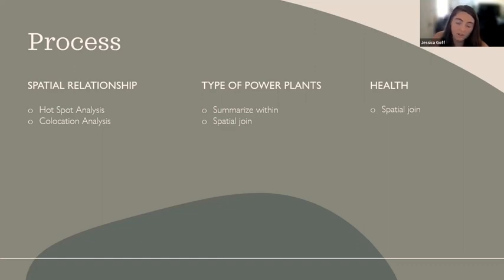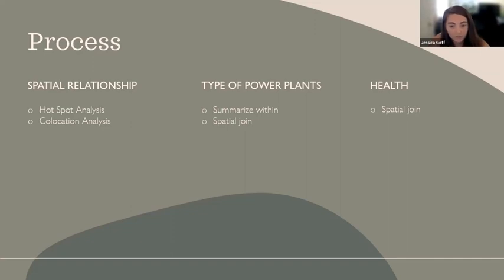I'm going to conduct a hotspot analysis to look at each feature within the context of the neighboring features, and a co-location analysis where we'll look at the local patterns of spatial association in ArcGIS Pro. Then, to understand the type of power plants, I will utilize the Summarize Within tool and the Spatial Join tool. And to understand the health, I'll just use the Spatial Join tool.